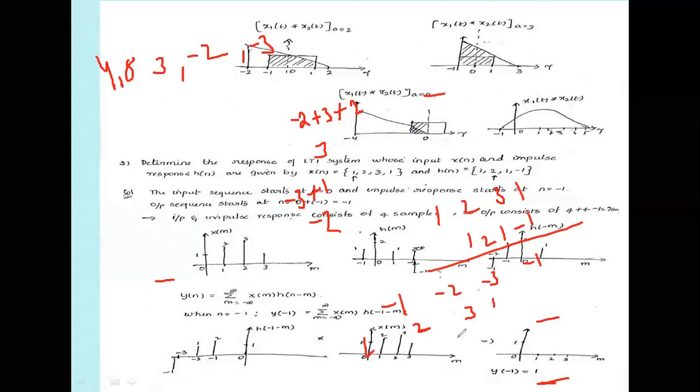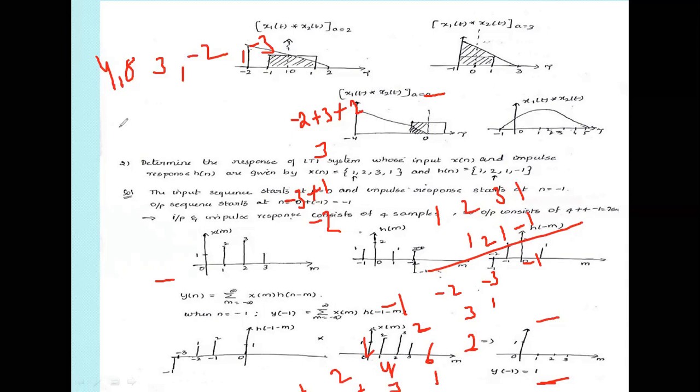And multiply with the 2: 2, 6, and 4, and 2. Again, 1 is 1, 3, 2, 1. So many values we have to get. Here the 4 values are there, and the H value is also 4.